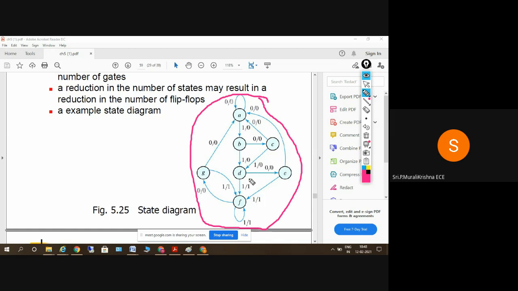We have 7 states here. So the first concept is state reduction.